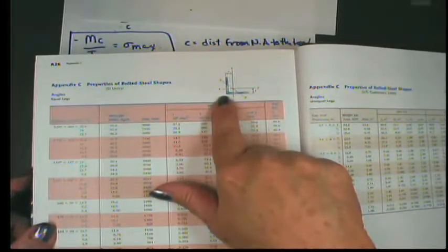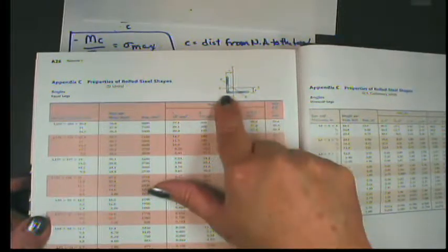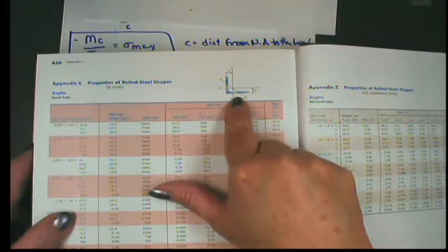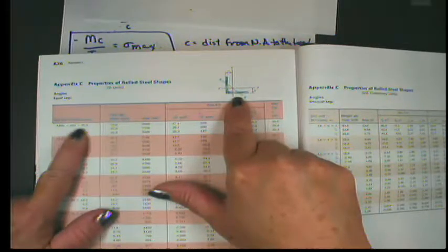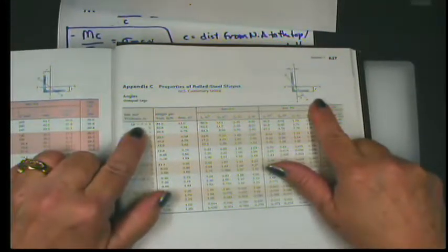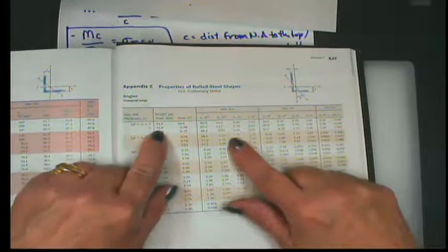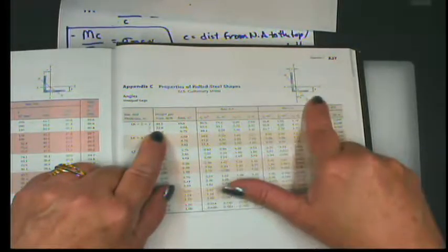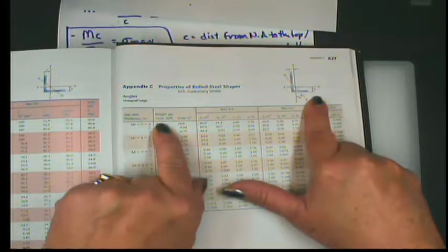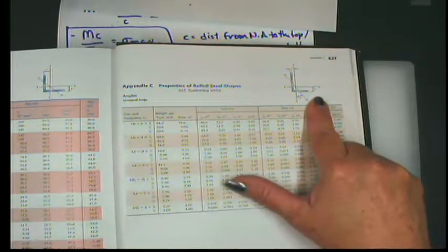So in other words, these are specific called out nominal shapes. This is in SI units. Let's go back to the English units over here. So if you have an L 8 by 6 by 1 or L 8 by 6 by 3/4, it just means this very specific thing, and it gives you the measurements of X and Y here. But basically, you have a different weight per foot and a different area for each of those.